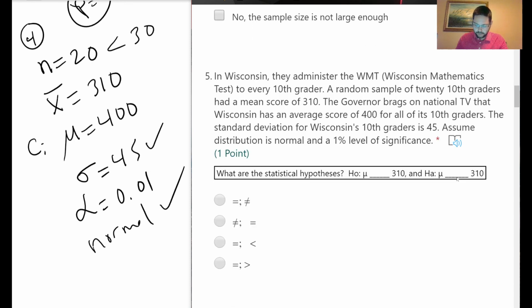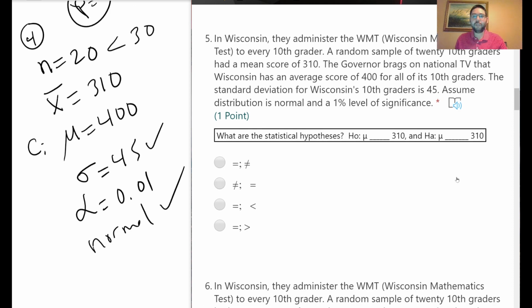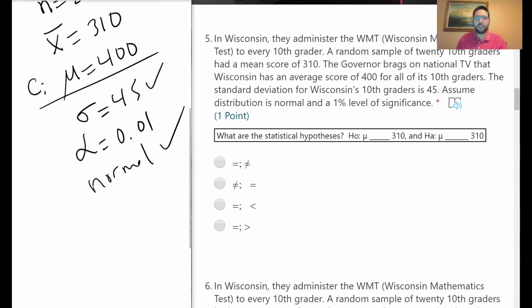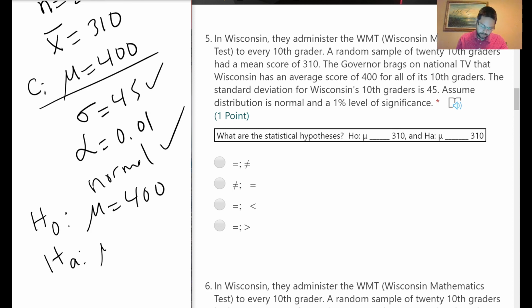All right, so for number 5, same type, same stuff. So we're going to need the same information. But they want to ask, what are the hypotheses? So what is H0 and HA? Well, we just said that this is our claim. Since that's our claim, that's a statement of equality that belongs to the null. Now, it doesn't say whether the researcher thinks it should be greater than or less than, so therefore we'll say not equal to.